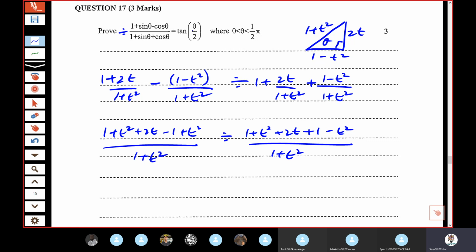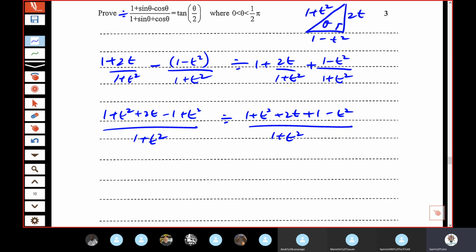You're trying to get t, don't forget. So you kind of know the answer. It's got to become t. So t squared minus t squared is gone. 1 minus 1 is gone. You're left with 2t squared plus 2t on 1 plus t squared times, flip this, 1 plus t squared on 1 plus 1 is 2 plus 2t.